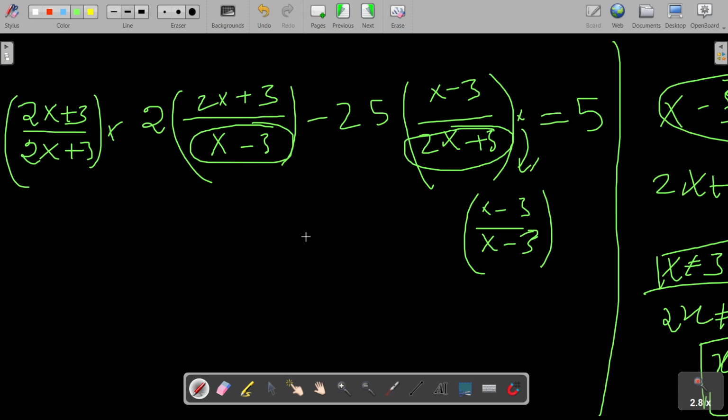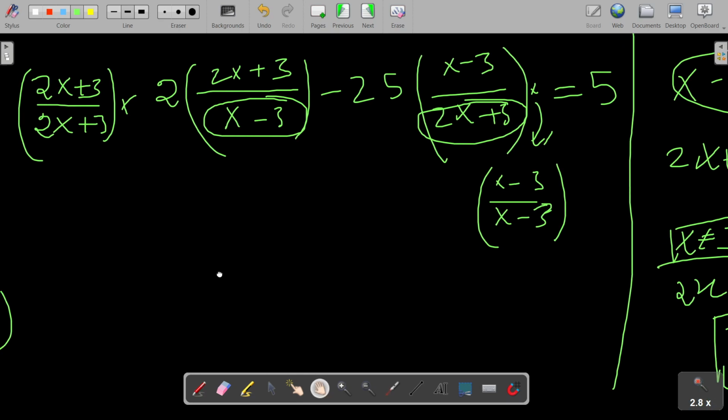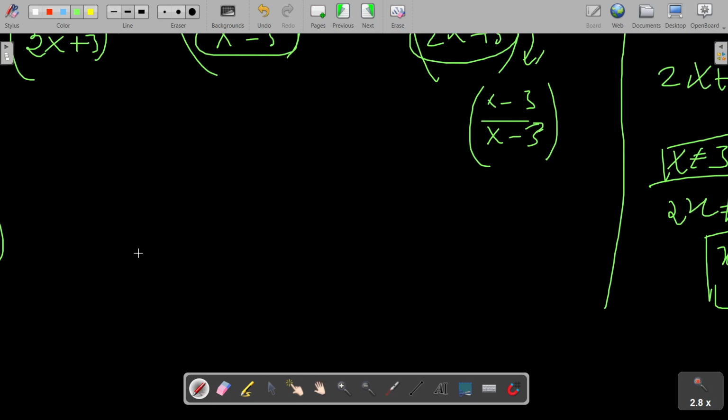So what we got here is the product of these two expressions, 2x plus 3 into x minus 3, in both. By doing this, we get the denominator the same. This is a very crucial, important step.